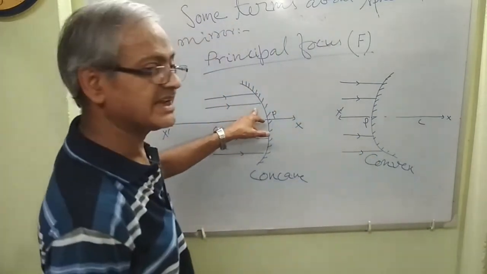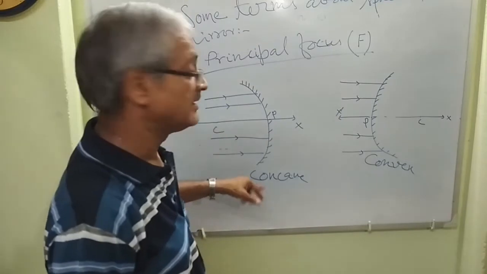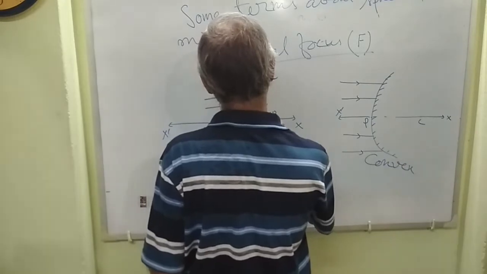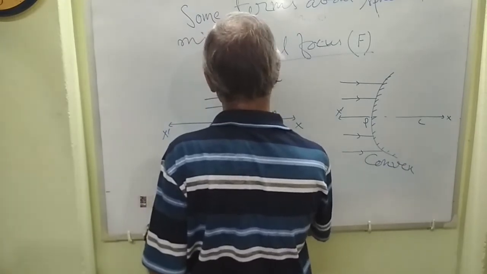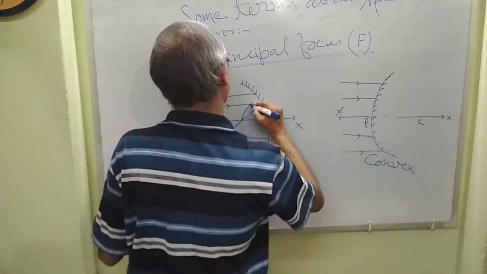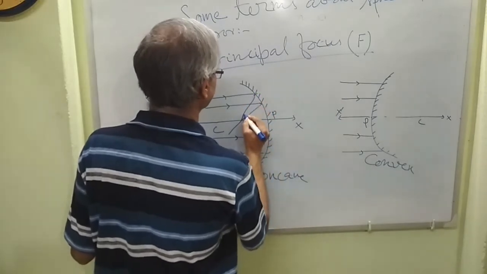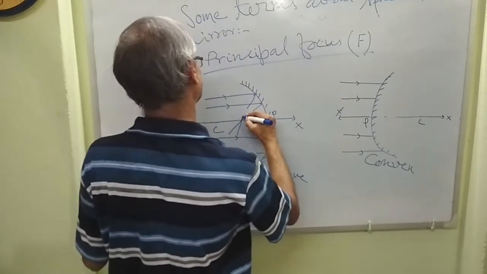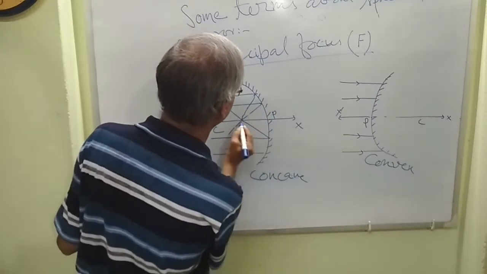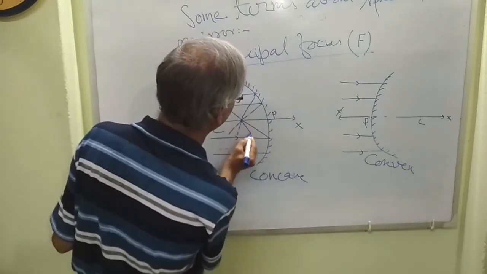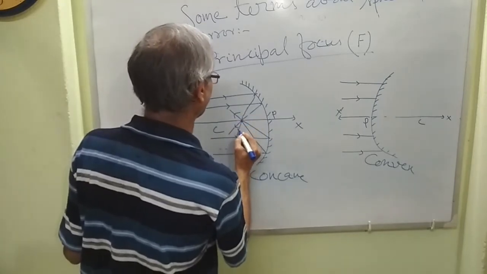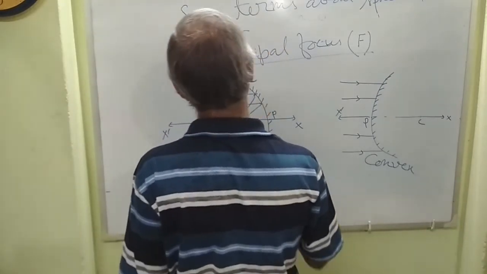Then, after reflection from the reflecting surface of the mirror, the reflected rays meet at a point on the principal axis.